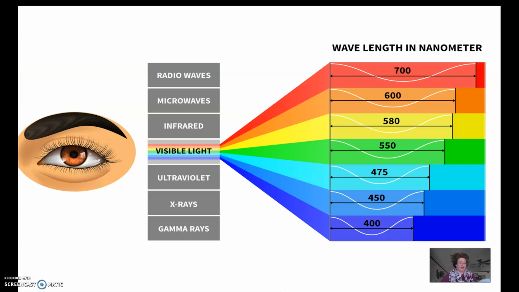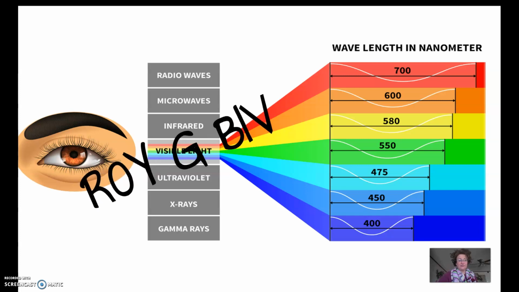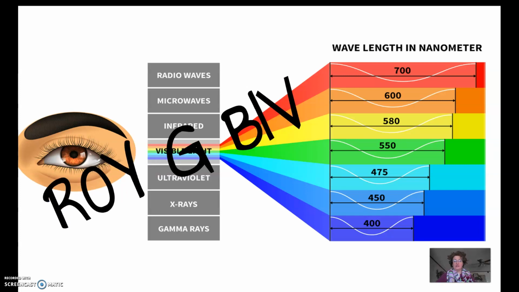Thinking about what we have learned so far with our energy information, we know that we have visible light, and in visible light there are 7 colors of the light spectrum, otherwise known as ROY G. BIV.